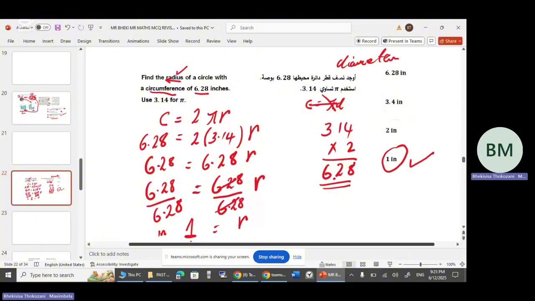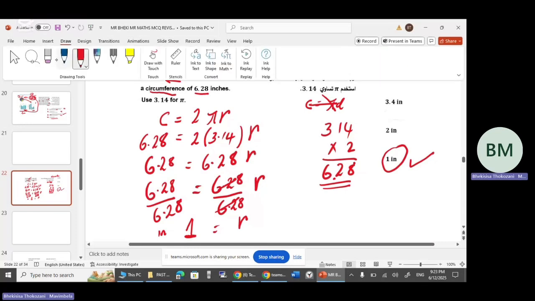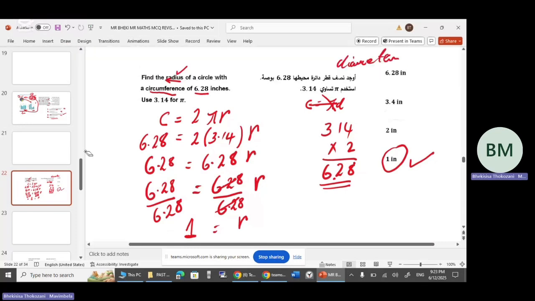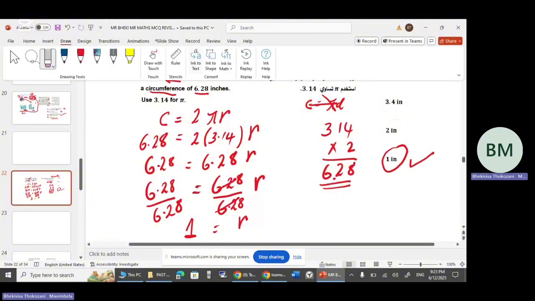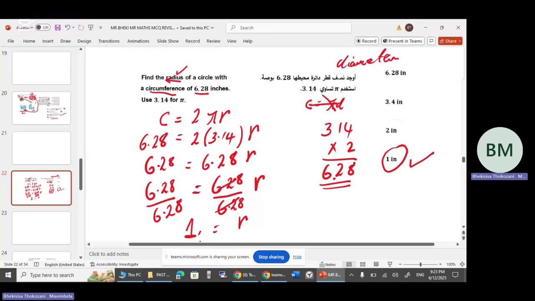So it's 1 inch. Sometimes it's better to write your unit like this, inches. Okay, guys, let's move on to the next one.